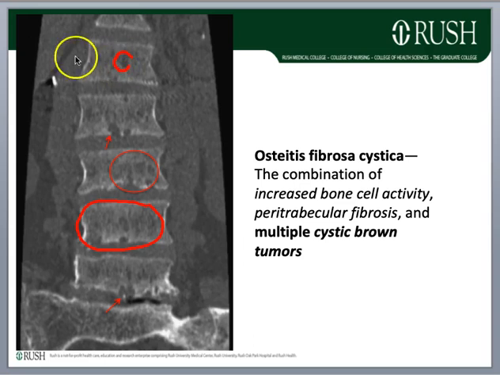These are all small brown tumors because they're radiolucent. They have a cystic component, and osteitis fibrosa cystica just means that there are multiple of these, usually involving multiple bones.